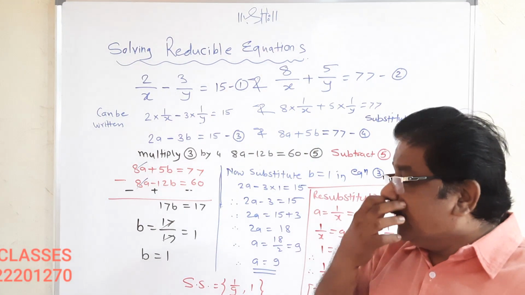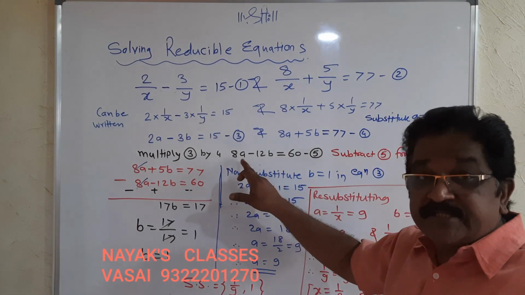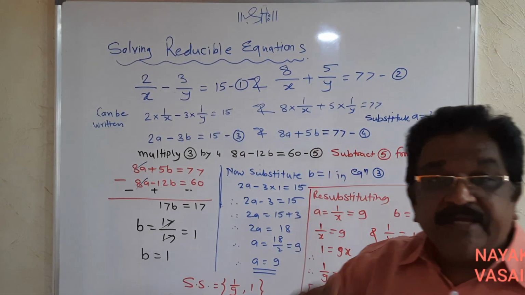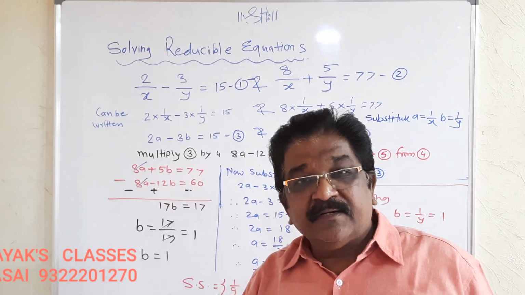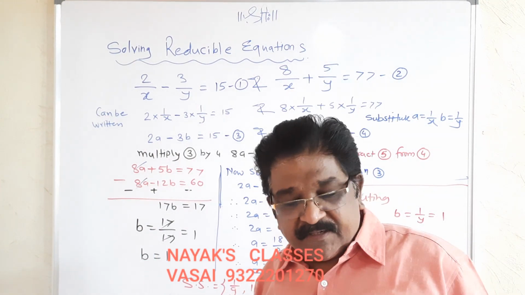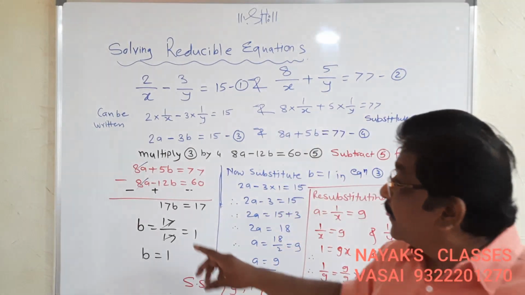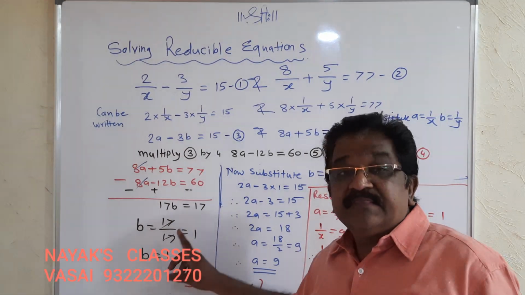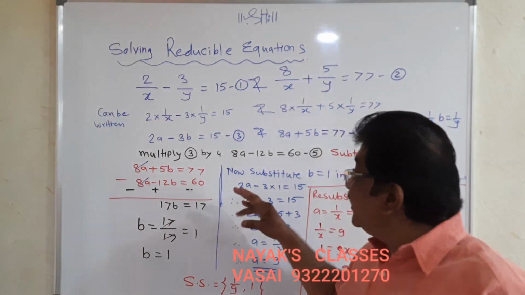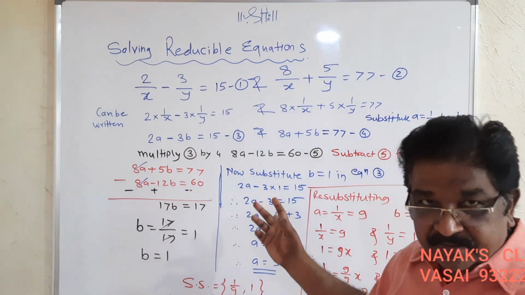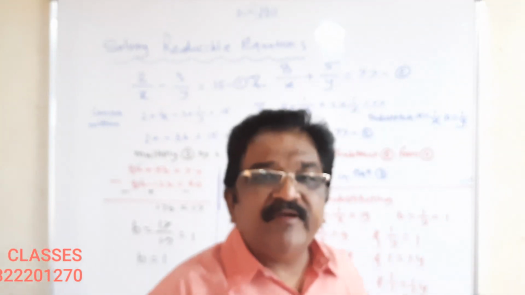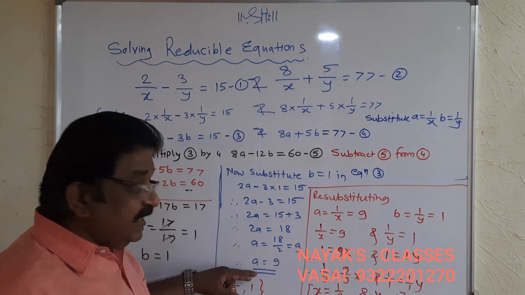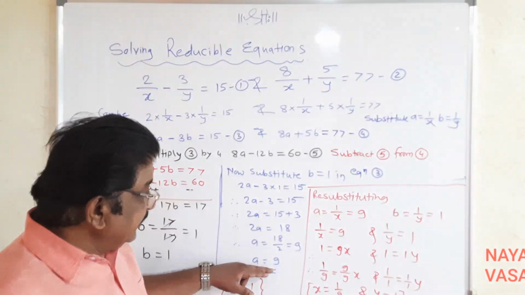We compare the coefficients. They are the same and have the same sign. Same sign and same coefficient, so we have to subtract the equations. We have subtracted and got the value of b. That value of b we substituted in equation number 3. You can put it in any one, but we have taken 3. After that we got a. The value of a is 9.